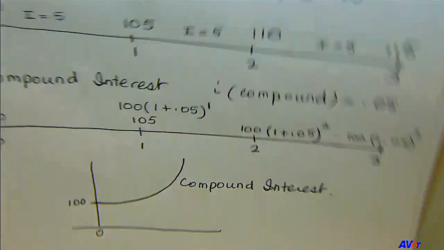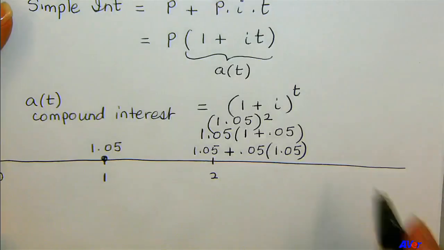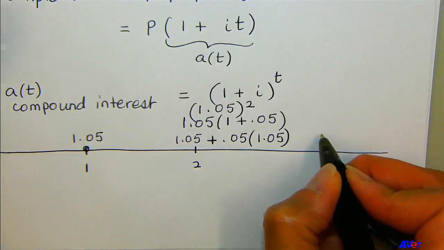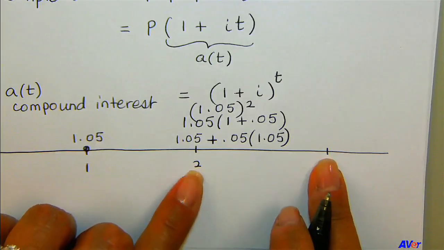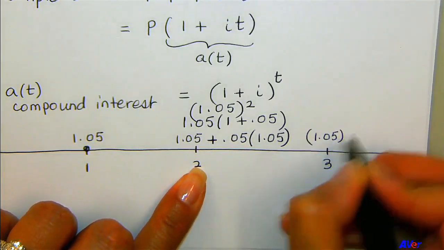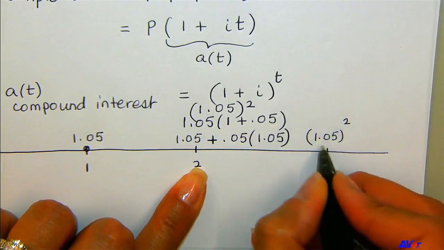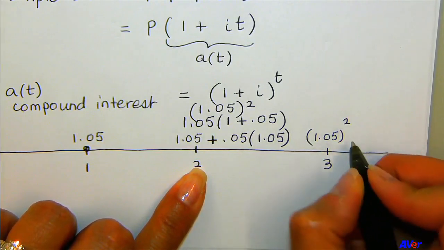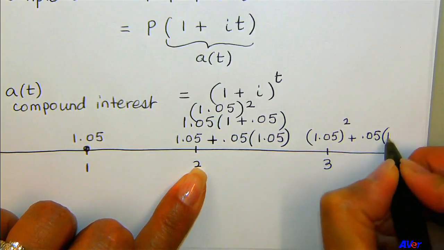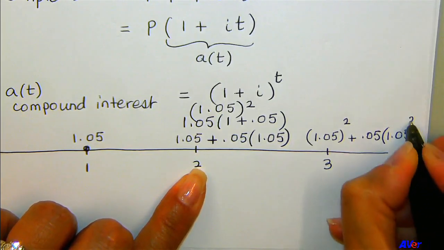Let's do it one more time. Year 3. Well, for year 3, I began at time 2 with 1.05 squared. That's my initial amount for that year. Plus, the interest part will be 5% of that amount.